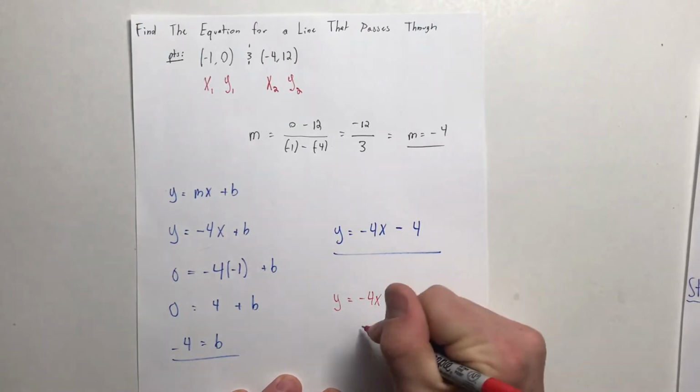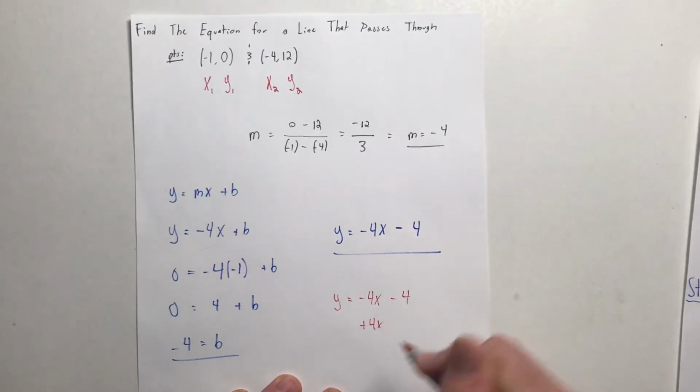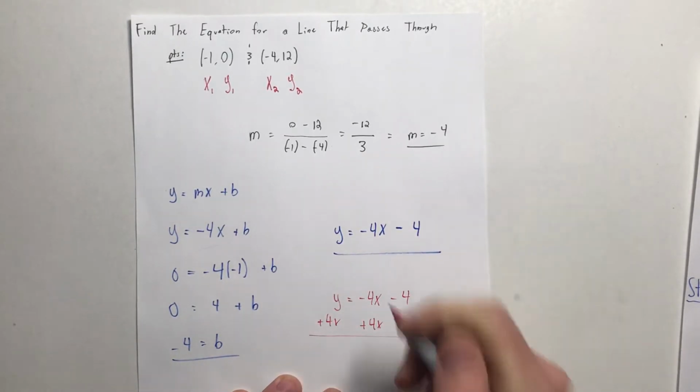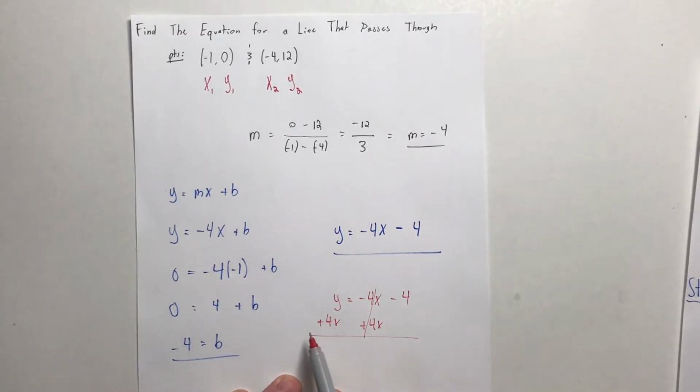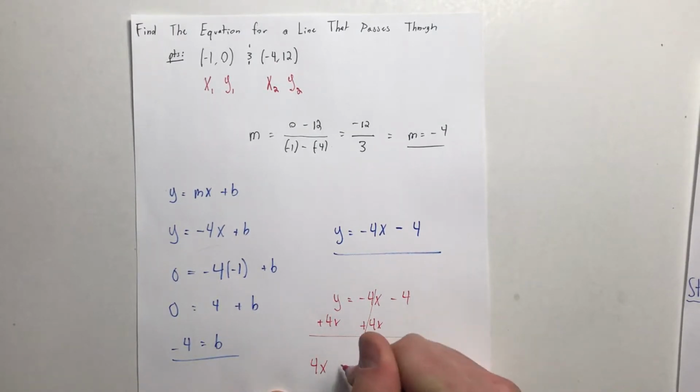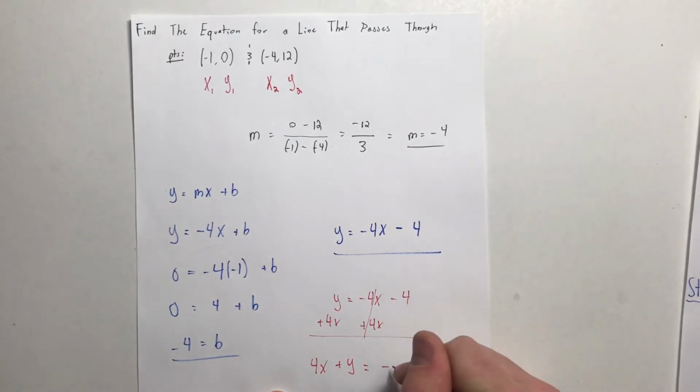So I'm going to go ahead and add 4x to both sides of this equation. So they're going to cancel here and add here. So what we're left with is 4x plus y equals negative 4. So this is our standard form right here.